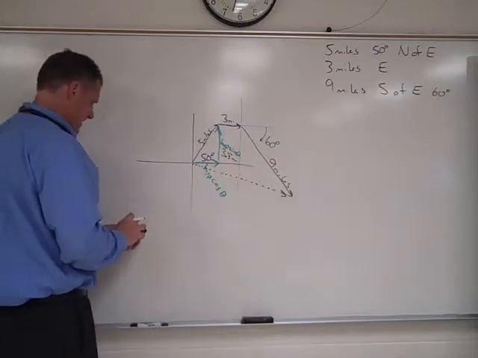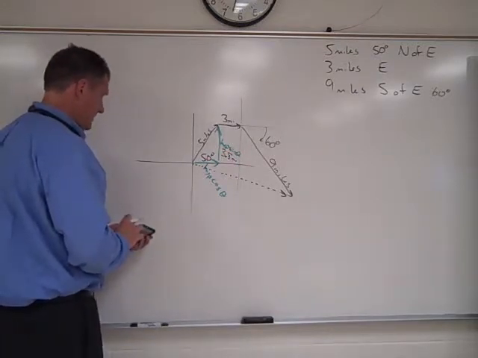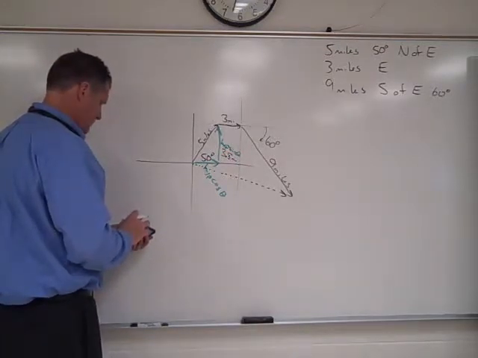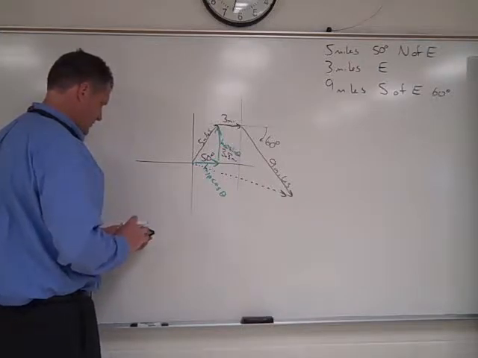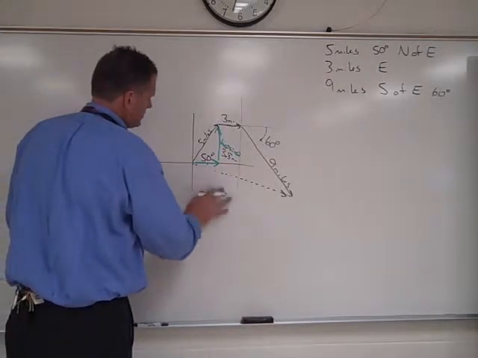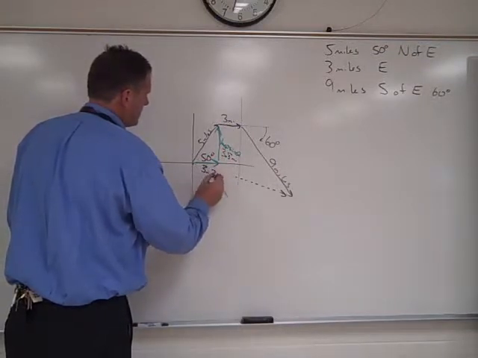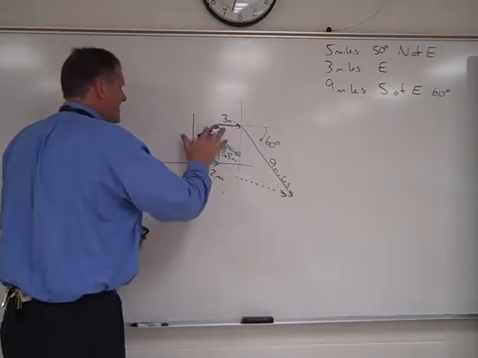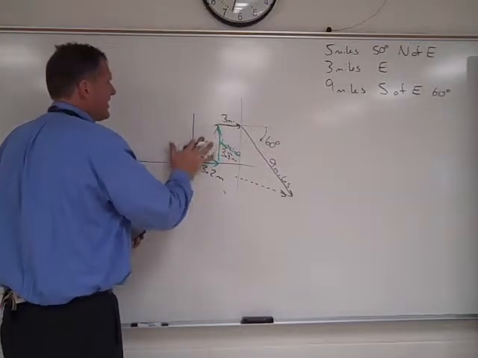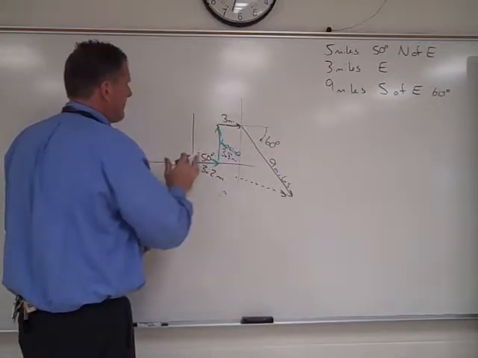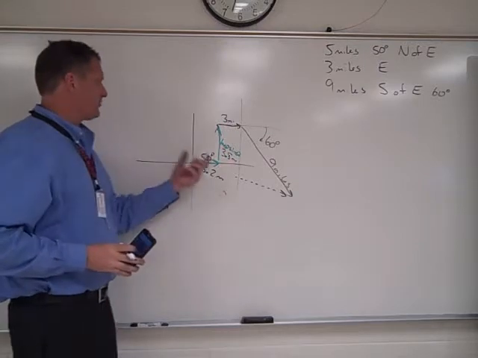And the x component is going to be 5 cosine 50. This is 3.2. Now I can get rid of that original vector I have. I've replaced it with these 2 vectors.